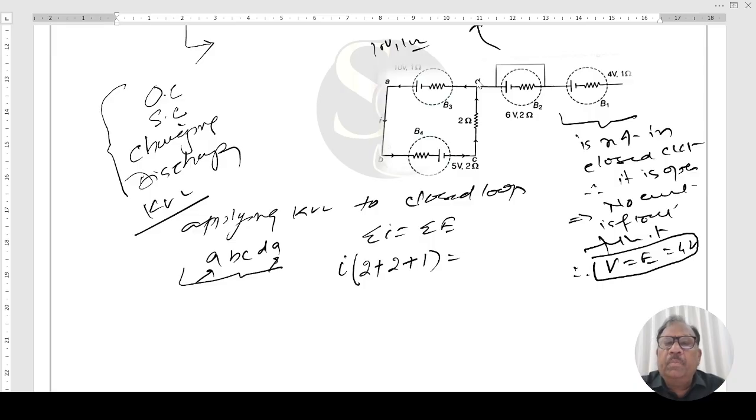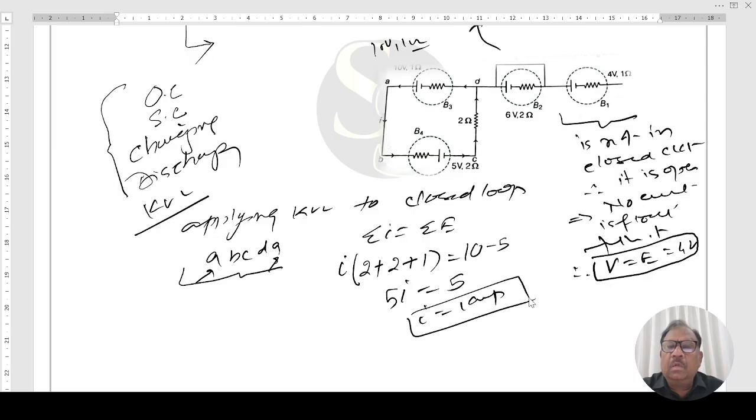The leaving point of the terminal is positive, so that is 10 volt. In this case, the leaving point of the terminal is negative, so minus 5 volt. Then 5 equal to 5I, I equal to 1 ampere. Current in this loop is 1 ampere.